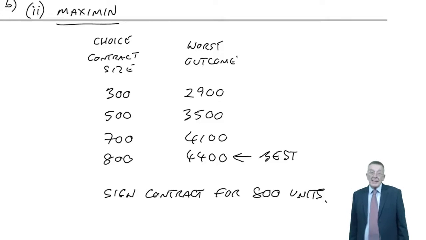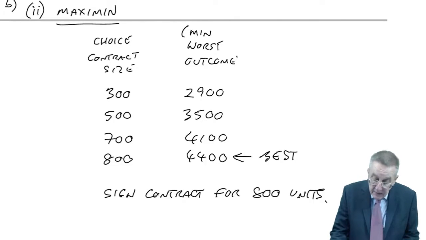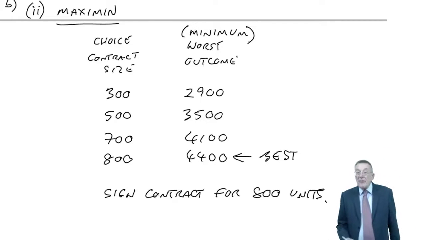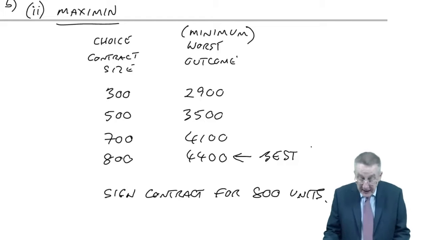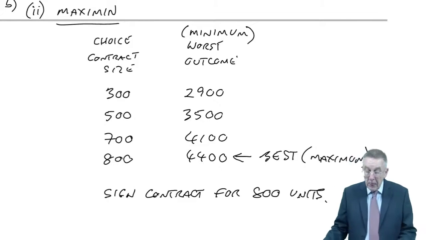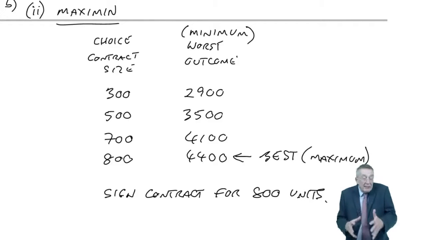And you can see why it's called Maximin. The worst outcome was the minimum profit in each case. And then we pick the best, or the maximum, of those minimums. And there we are. So it's a really easy one.